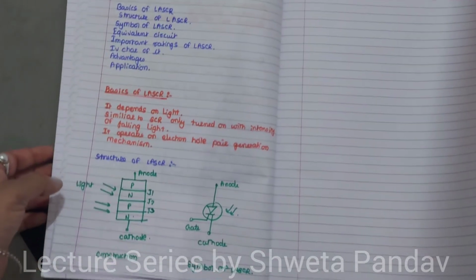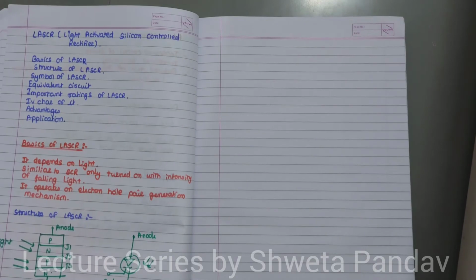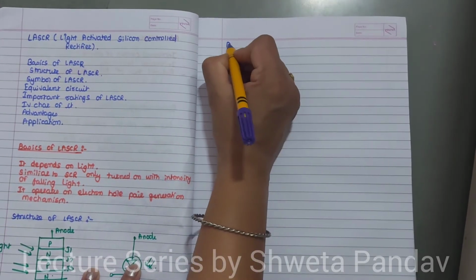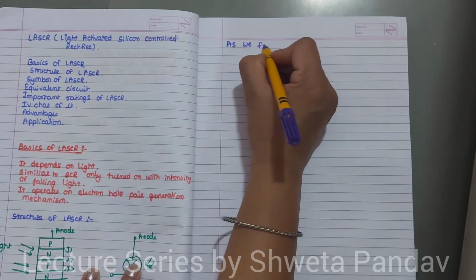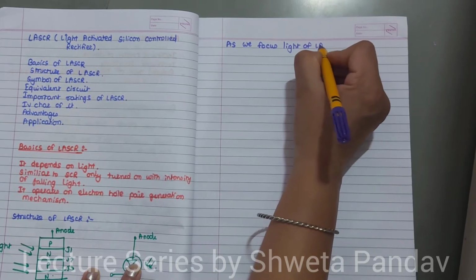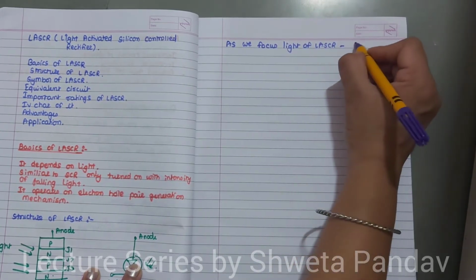Our next point is, let us see how it works. As we focus light on the LASCR, the incident photons will generate electron hole pairs. As we focus light on the LASCR, the incident light will generate what?